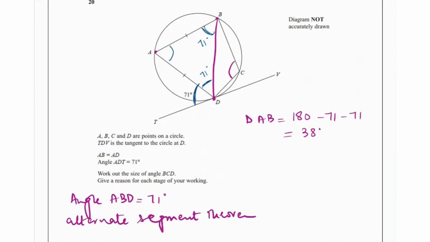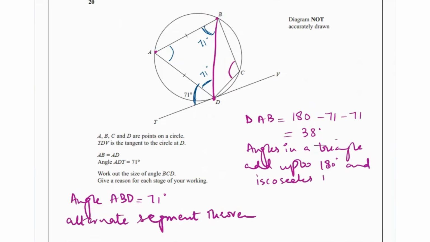Then DAB equals 38 because angles in a triangle add up to 180 degrees, and isosceles triangle. For the isosceles triangle, I can also say that ADB is 71 degrees because of the isosceles triangle.